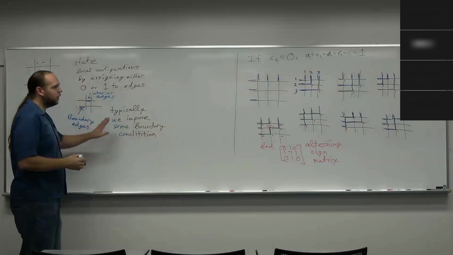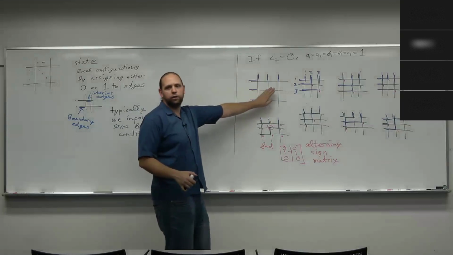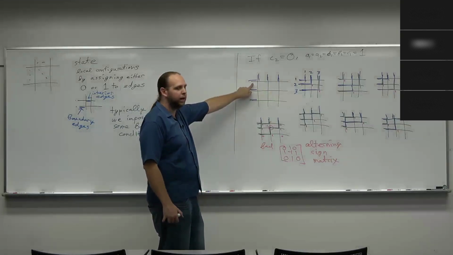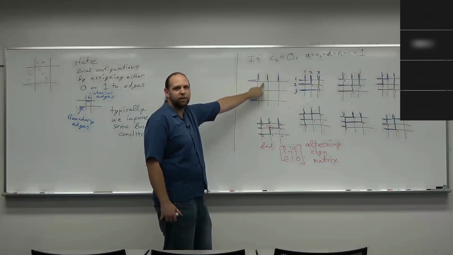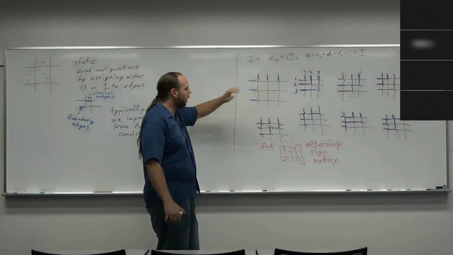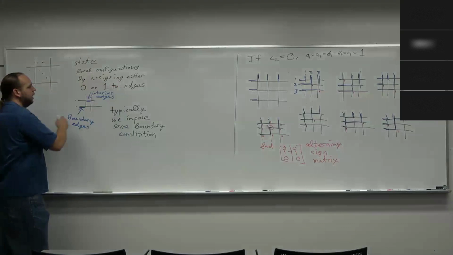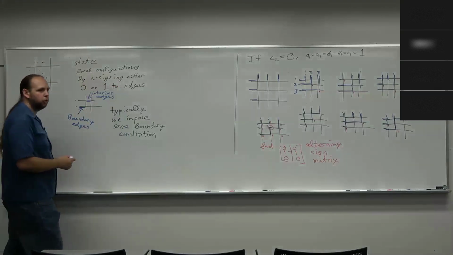So I'm formalizing just a little bit more what I was doing over here. I'm saying each of these blues is a 1 and a black without a blue is a 0. And I'm assigning one of these. And then, okay, I have a bunch of local configurations.